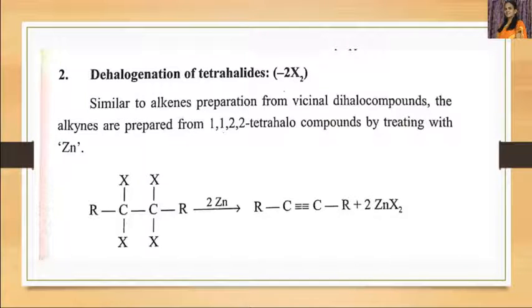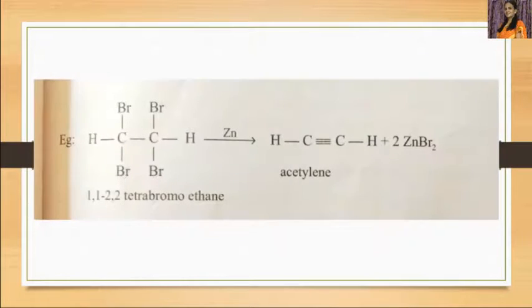Now let us see a specific example. Here on the first carbon two bromines are there, therefore 1,1, the carbon number is repeated.